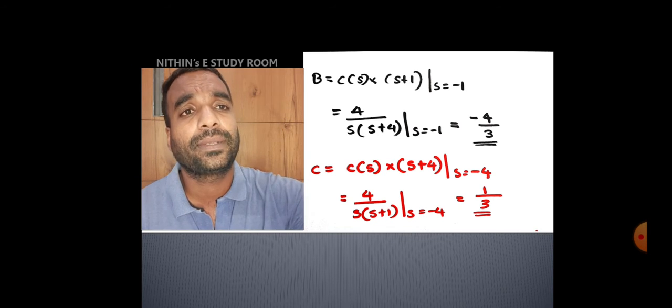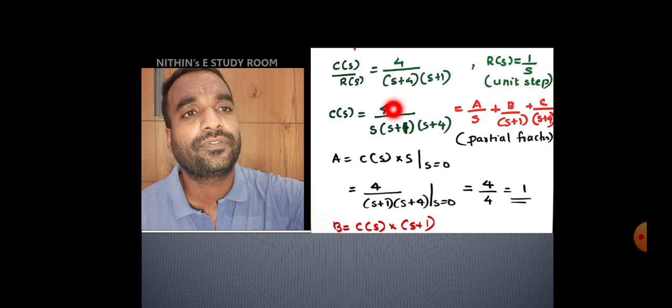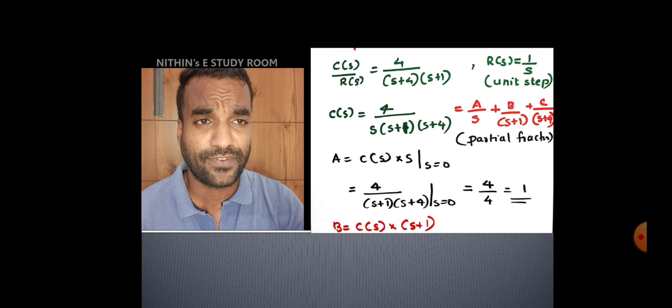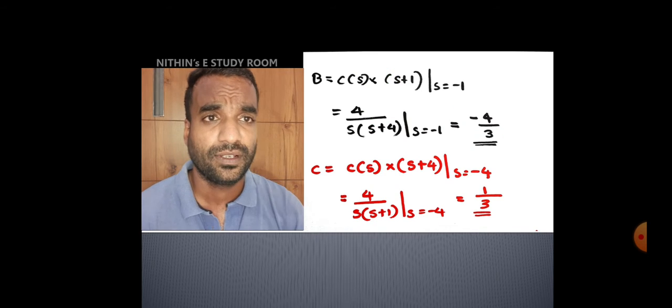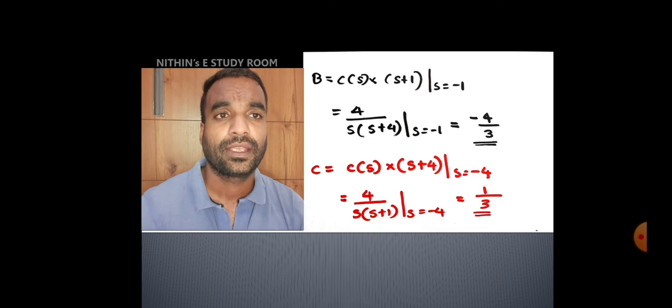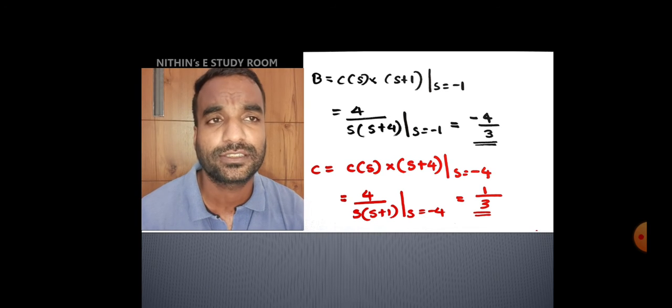So B is C(s) into s plus 1, put s equal to minus 1. If you multiply C(s) into s plus 1, what happens? 4 by s plus 1, and s plus 1 gets canceled. 4 by s into s plus 4. Put s equal to minus 1. It is minus 4 by 3.